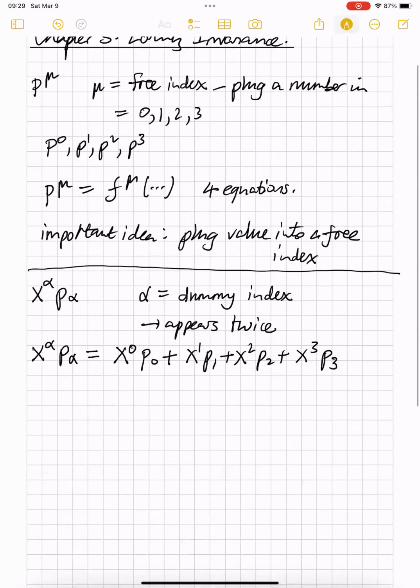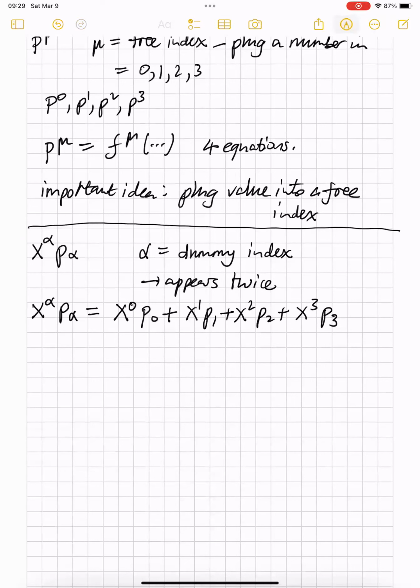The actual alpha index doesn't really matter what you call it, just alpha repeated is an instruction on how to sum. So x alpha p alpha, we could also write as x beta p beta. If you write this out, you'll get exactly the same thing. Or x gamma p gamma. So this is very useful.